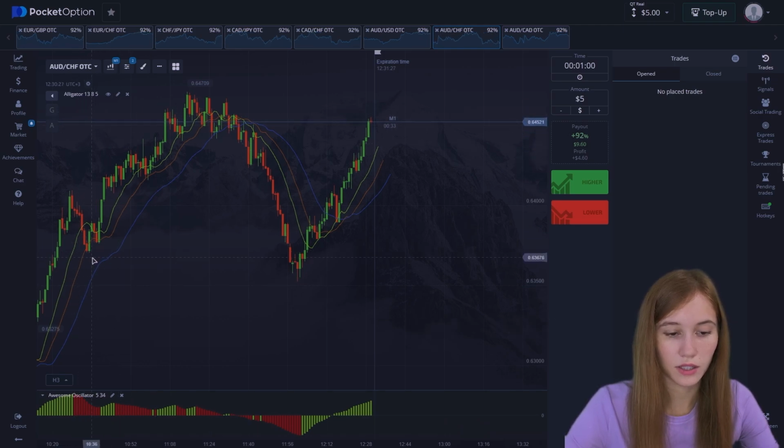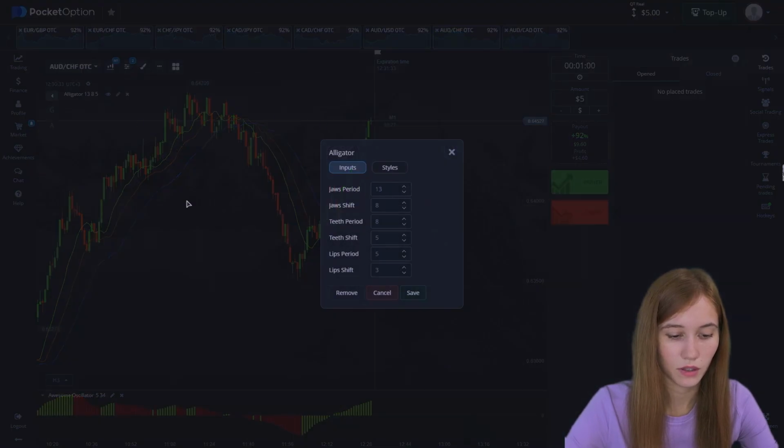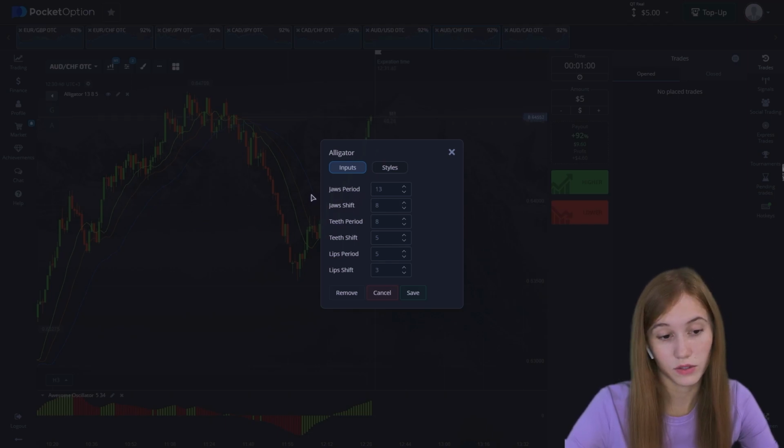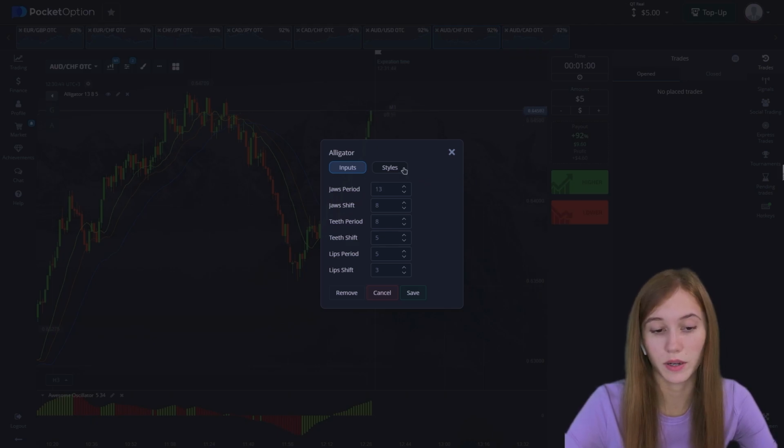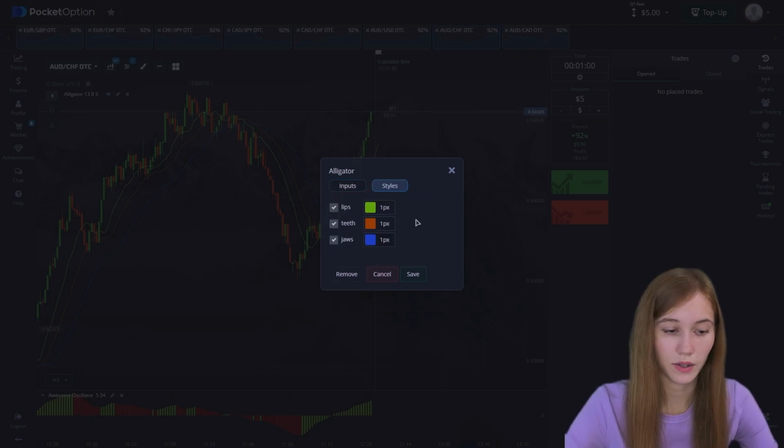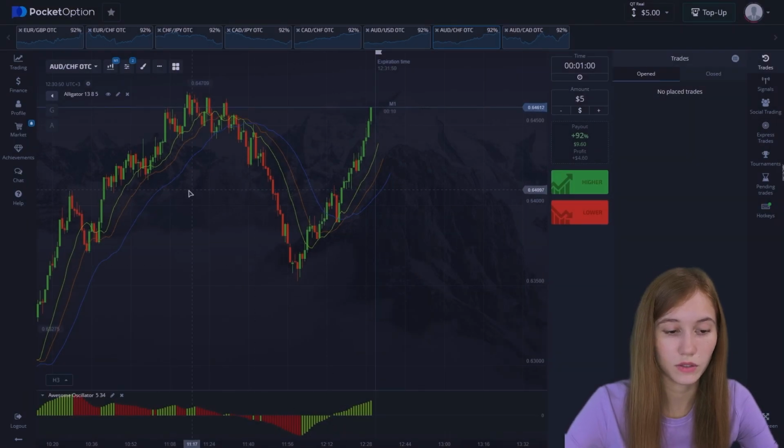So let's talk a little about indicators. The first one is the Alligator, located on our chart. Its parameters are here, but the standard settings are suitable for most time frames. Also, don't be afraid to play with the values.